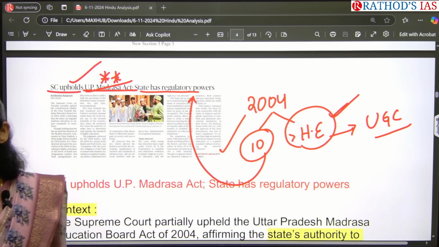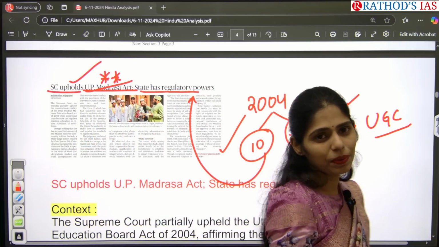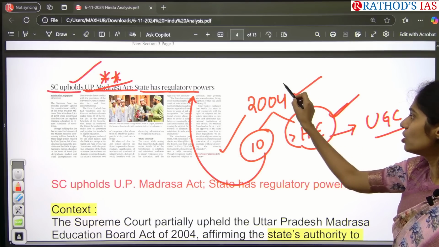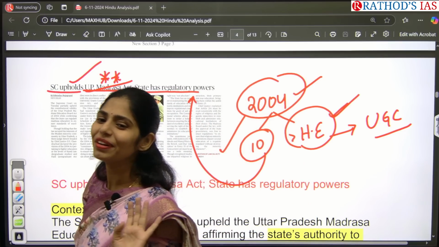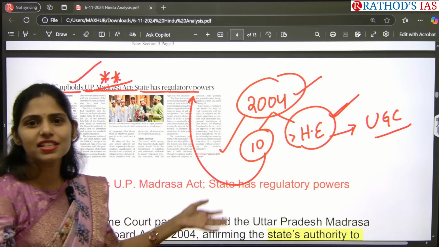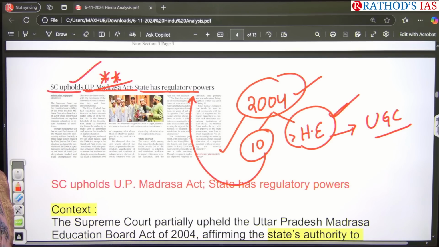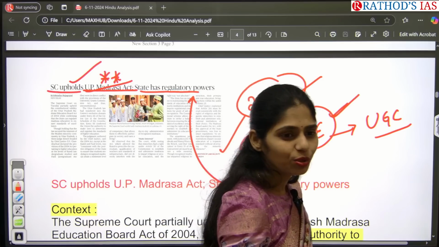Yes, Article 30. We have to revise this Article 30 and the UP Madrasa Act of 2004. There is a high chance of getting a question on Article 30 in your prelims for sure, because of a series of cases regarding minority education rights, and there may also be a question on religious freedom, the right to religious freedom.